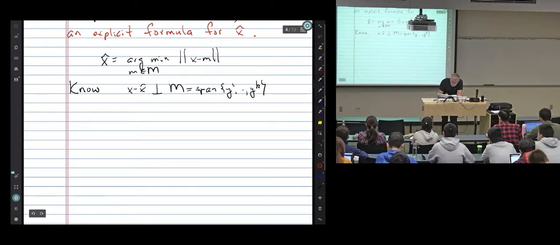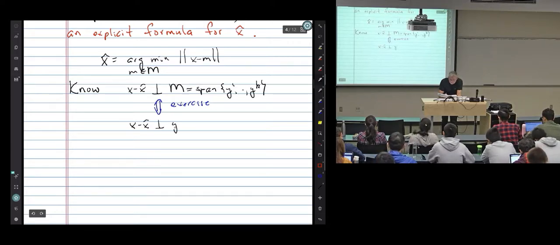So one little exercise. That's if and only if x minus x hat is orthogonal to y_i, for 1 less than or equal to i less than or equal to k.